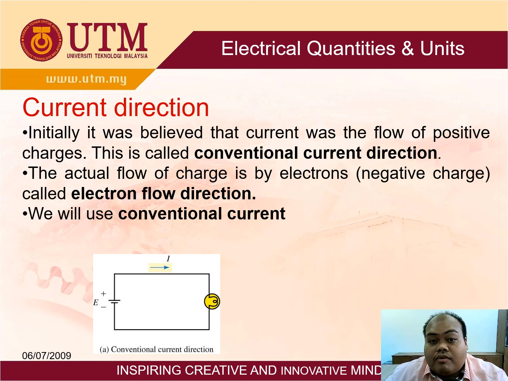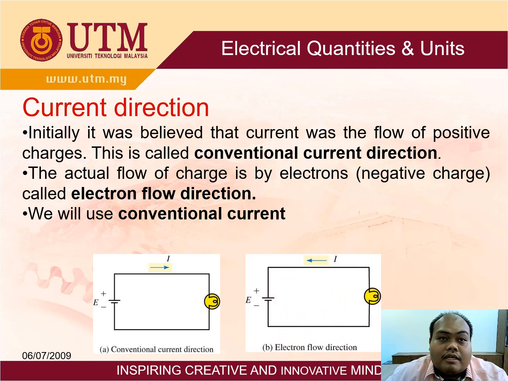What is the difference between conventional current and electron current? The conventional current moves from positive to negative, and electron current moves from negative to positive. So for this class, always use the flow of current from positive to negative. I repeat, positive to negative.